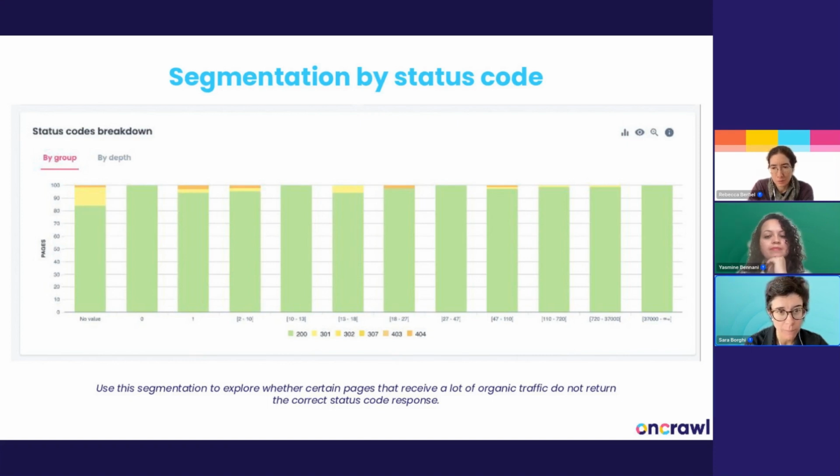Again, you might find some granularity here that is very helpful, because obviously the pages that receive a lot of organic traffic, we want them to return the proper status code and not be affected by errors like 403 or 404s. So this is the type of insight that this kind of segmentation can give you.